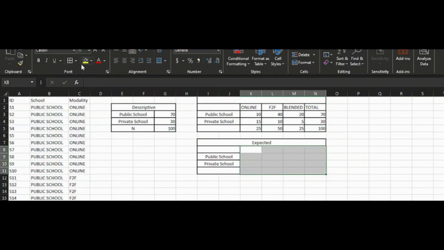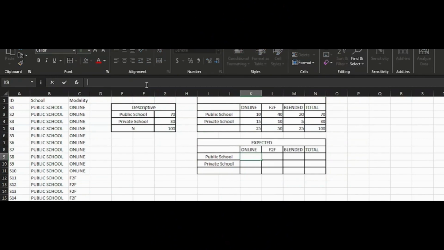In computing our expected values, we need to get the total value of the first row multiplied by the first column and divided by the total number of population. In this instance, we have 25 times 70 divided by 100. This should give us the value of 17.5.